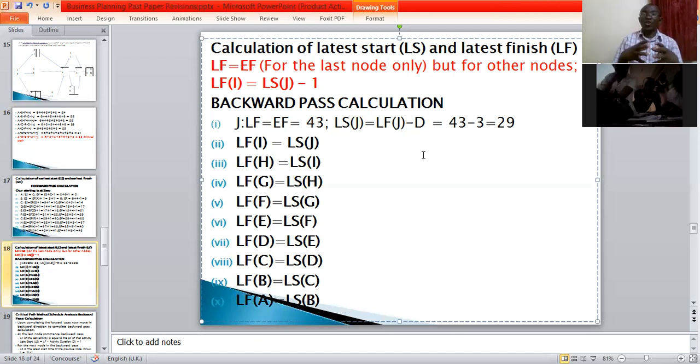How many months do you need? We need 3 months. So if we subtract, we find 40. Any problem?